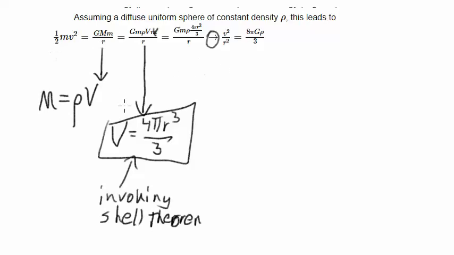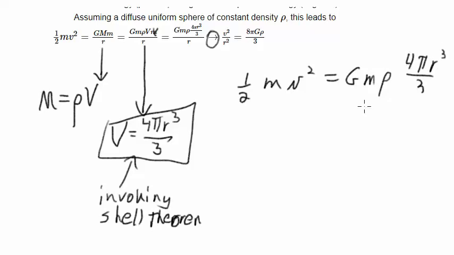So at this point we have 1/2 mv squared equals gm rho 4 pi r cubed over 3 divided by r. We cancel out the masses, and we will multiply the 2 over there, so it's 8 pi r cubed over r. R cubed over r is r squared.